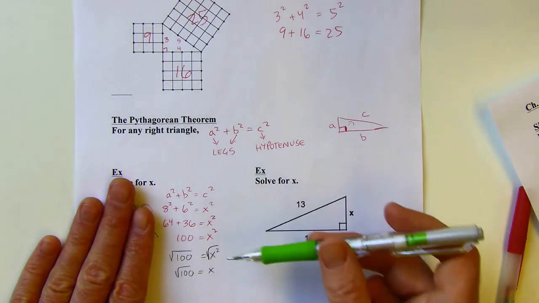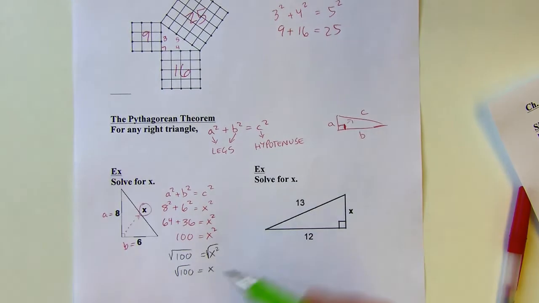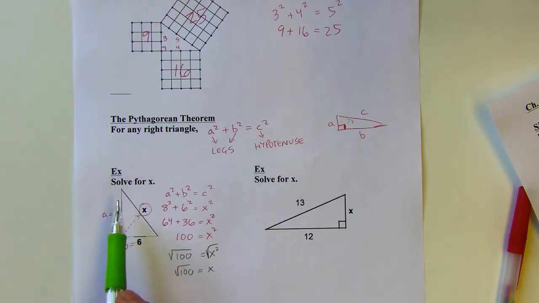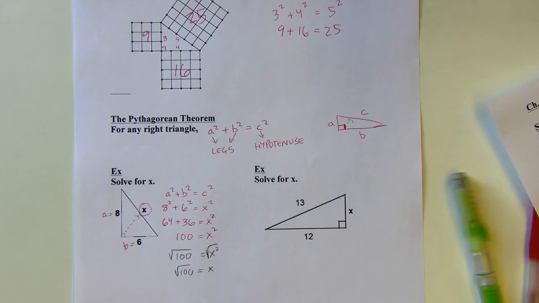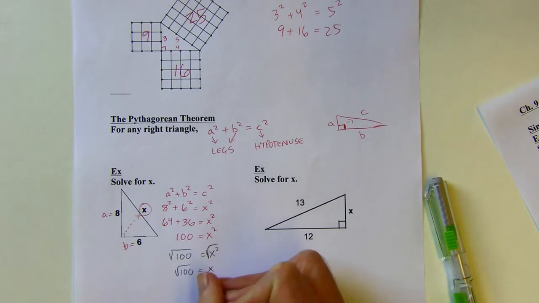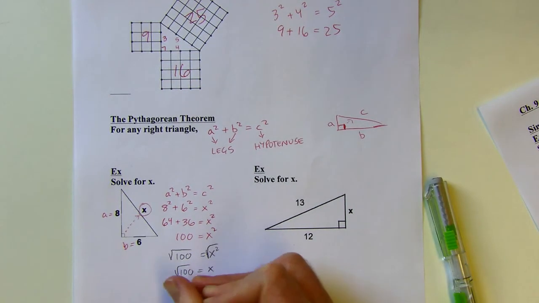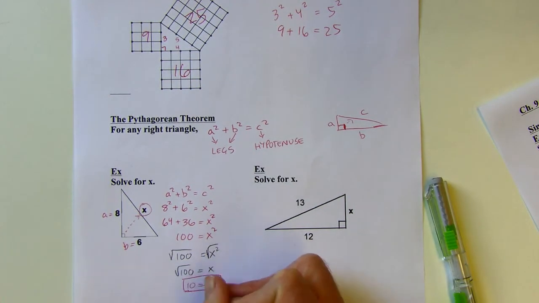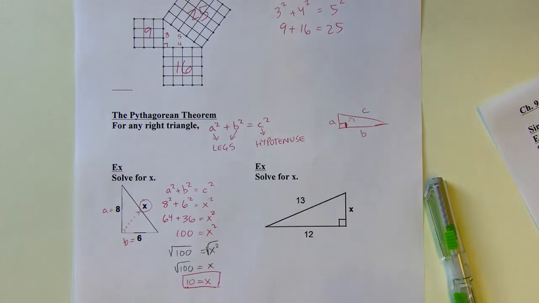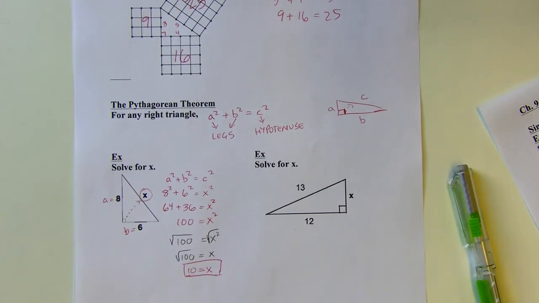And if it's just an algebra problem, that will work. But I can't have a negative side to a triangle. That can't be negative 10 units, right? So I'm just going to use the principal root here. So x will equal positive 10. Okay, so for right triangles, the sides are always going to be positive. Okay, and this is in simple radical form, and right, there's no radical involved.